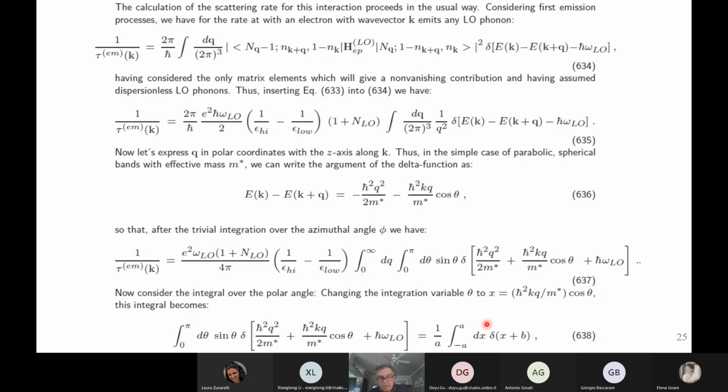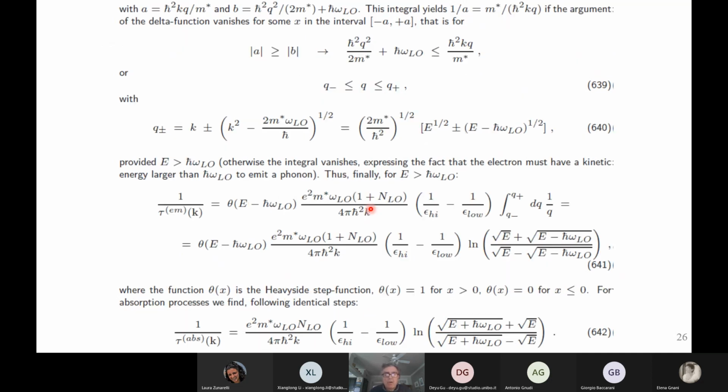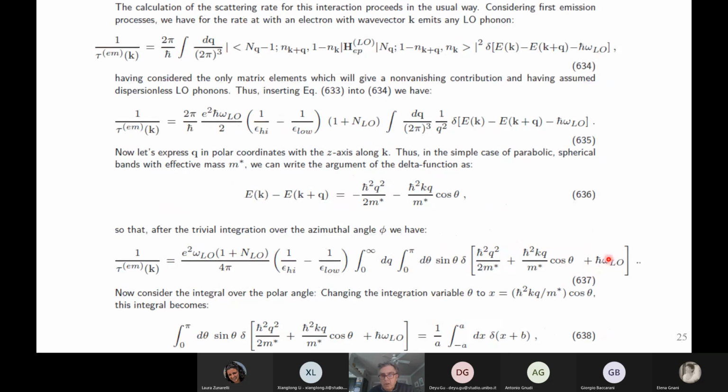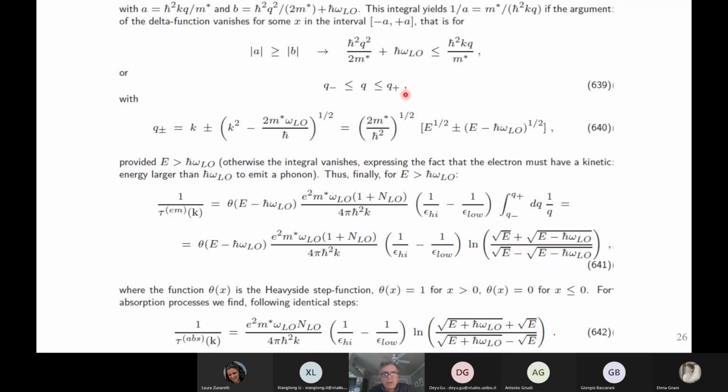Having re-expressed everything in this term by changing the integration variable over the angle theta to this variable x, only if x hits the point b, which is whatever is left over here, are we going to get a non-zero component. This has two solutions. We find two zeros, q plus and q minus, the two zeros of the argument of the delta function.